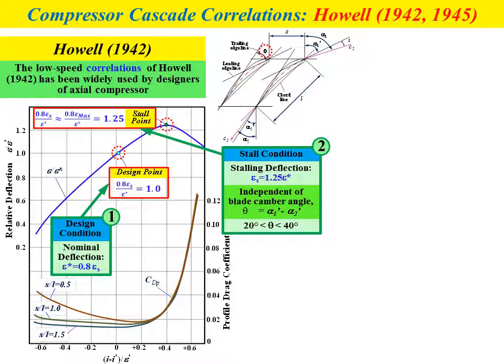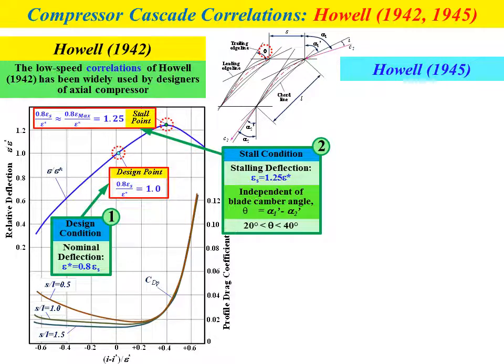So for a camber angle value between 20 degrees and 40 degrees, this correlation is still valid. So there is no problem if we implement the second correlation where epsilon s equals 1.25 nominal deflection angle within the camber angle value between 20 degrees and 40 degrees.